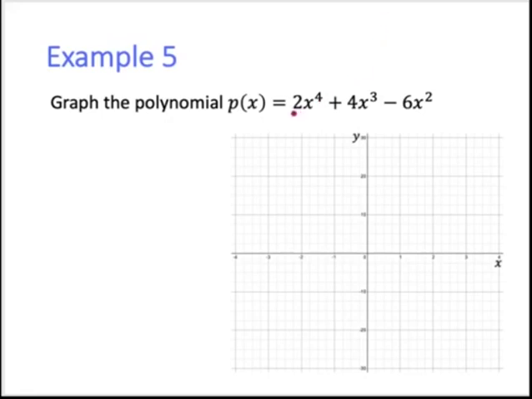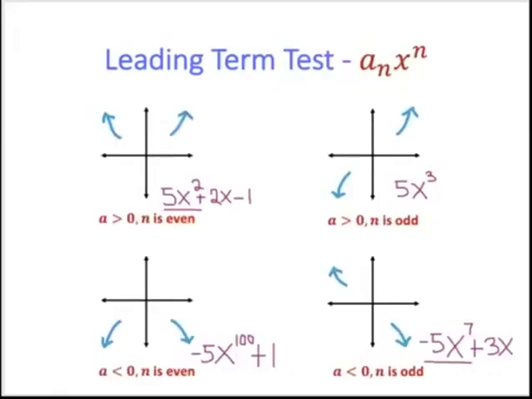So our leading term this time is 2x to the fourth. And so notice with our leading term that we have a positive leading coefficient and an even exponent. So if we look back at our leading term test, notice that that falls under this category here in the top left.